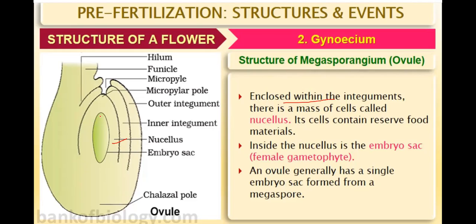The embryo sac is the female gametophyte, like the pollen grain is the male gametophyte. An ovule generally has a single embryo sac formed from a megaspore.